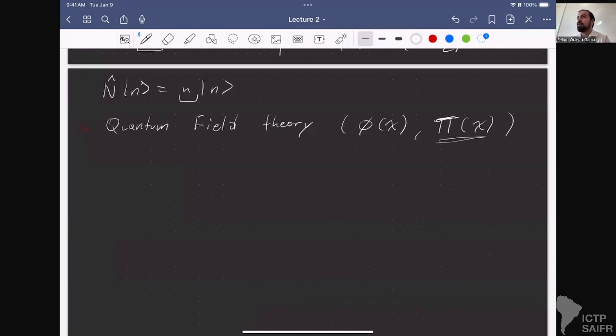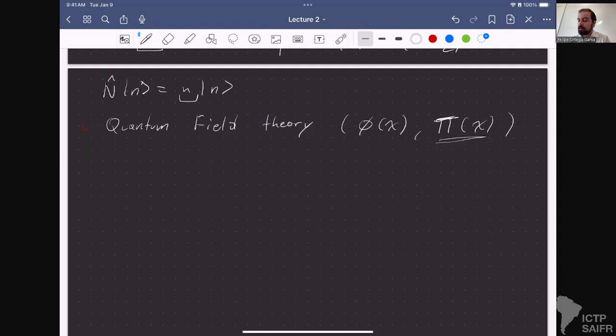Just a quick note, this field is called the conjugate momenta in the sense of the Hamiltonian formalism. That has nothing to do with physical momenta or scattering momenta. This is just the conjugate momenta with respect to the Hamiltonian transformation.